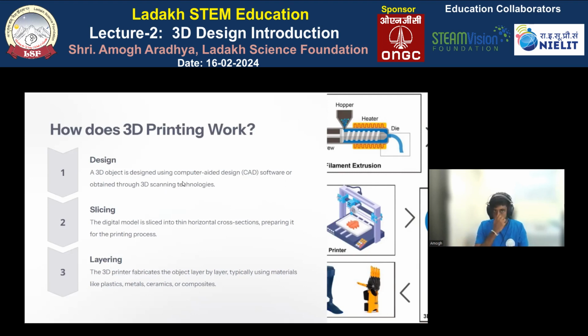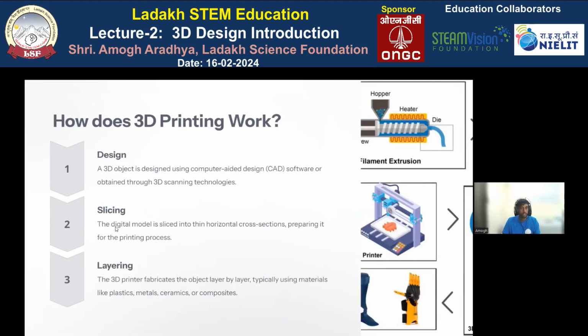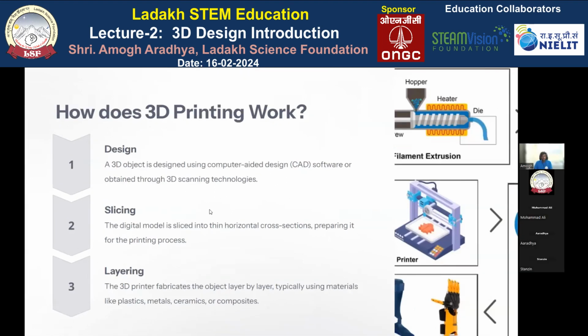Once the 3D model is ready, we go to the next step called slicing. Slicing is a mechanism where the 3D object is converted into a printable format. It slices the 3D model into layers. That's how a 3D printer works.